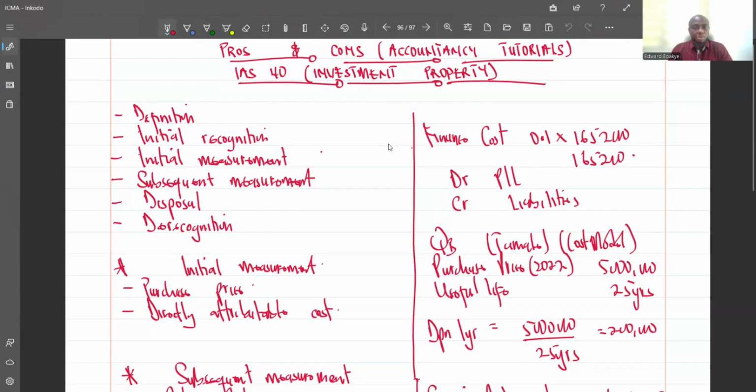So we want to continue with our scenarios on the fair value model.